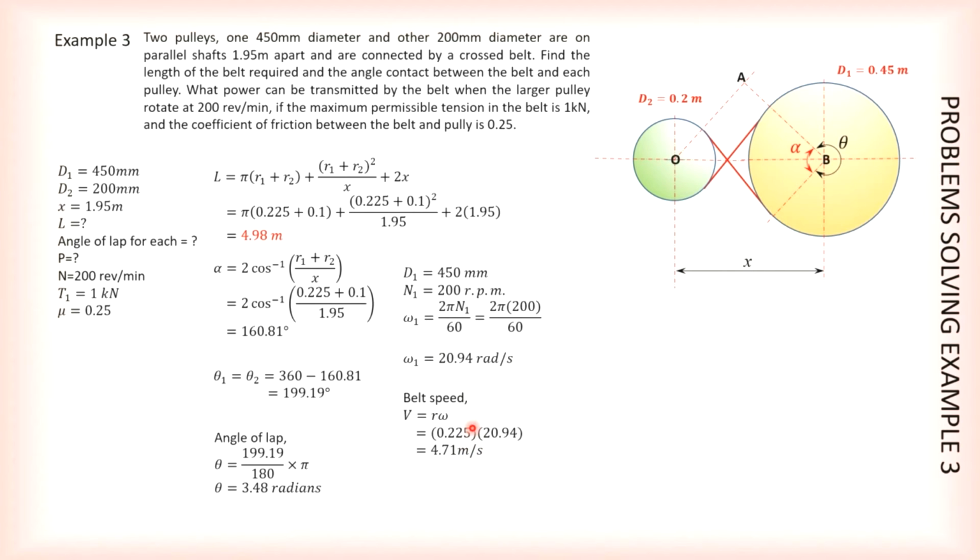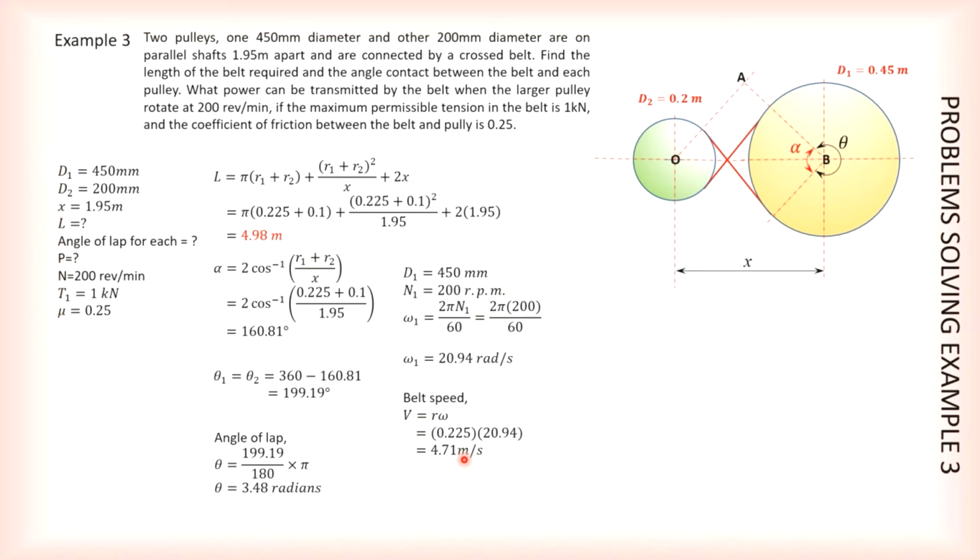Divide by 2, so you get 0.225. So this one is the speed of this. That is why we must use R1 when you use omega 1. If you use R2, this must be omega 2. So this will be the belt speed, 4.71, and it is less than 10 meters per second.